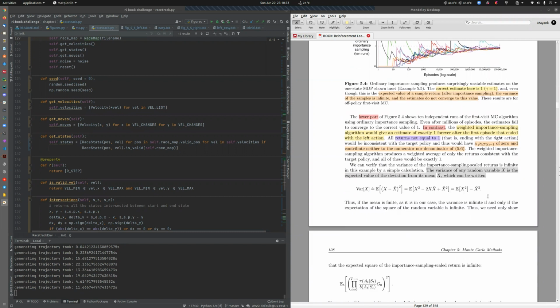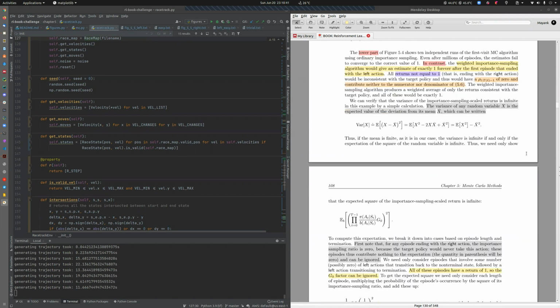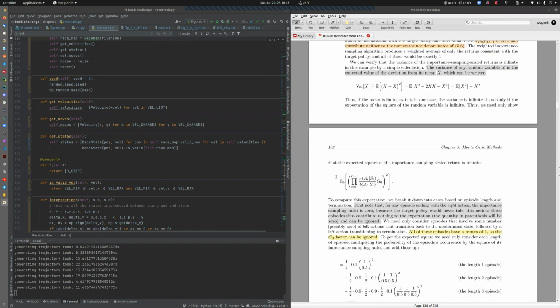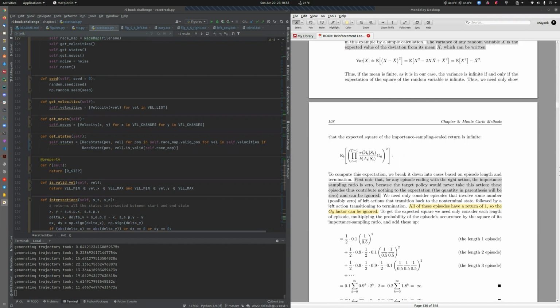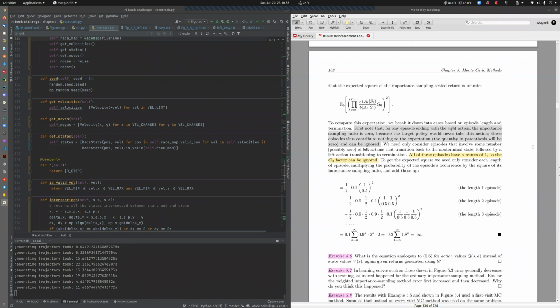This is the simple derivation of the values used in this graph. If you are unfamiliar, this is the expected square of the importance sampling scaled return: the target divided by the behavior, and the return.